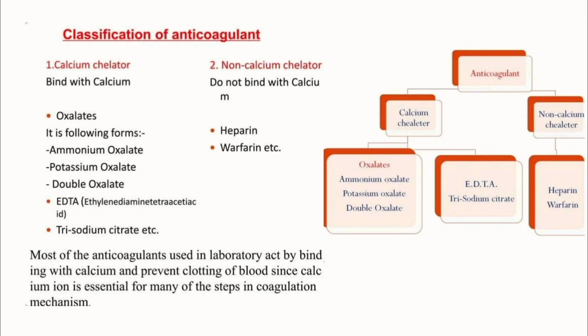Under oxalates, there are three types: ammonium oxalate, potassium oxalate, and double oxalate. Also EDTA, ethylenediaminetetraacetic acid, and trisodium citrate. Most of the anticoagulants used in laboratory bind with the calcium and prevent clotting of the blood.